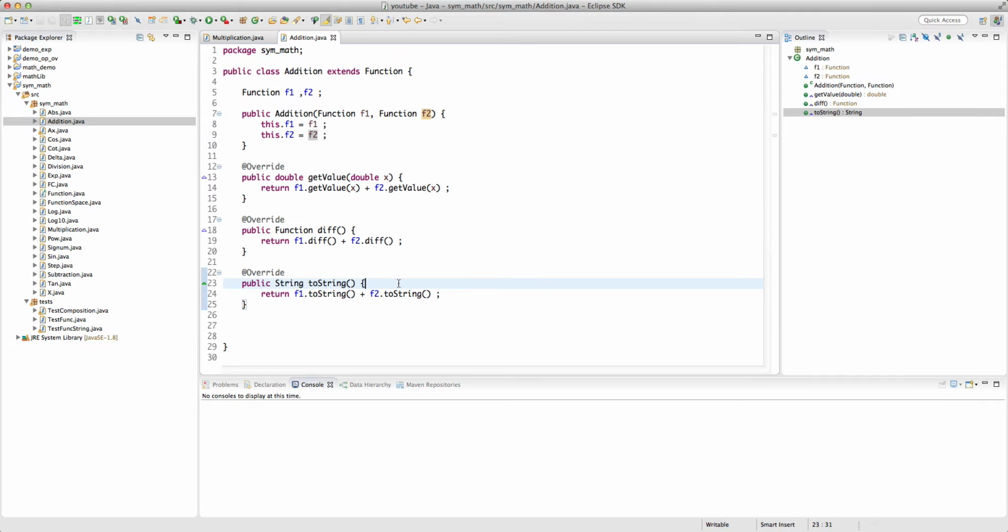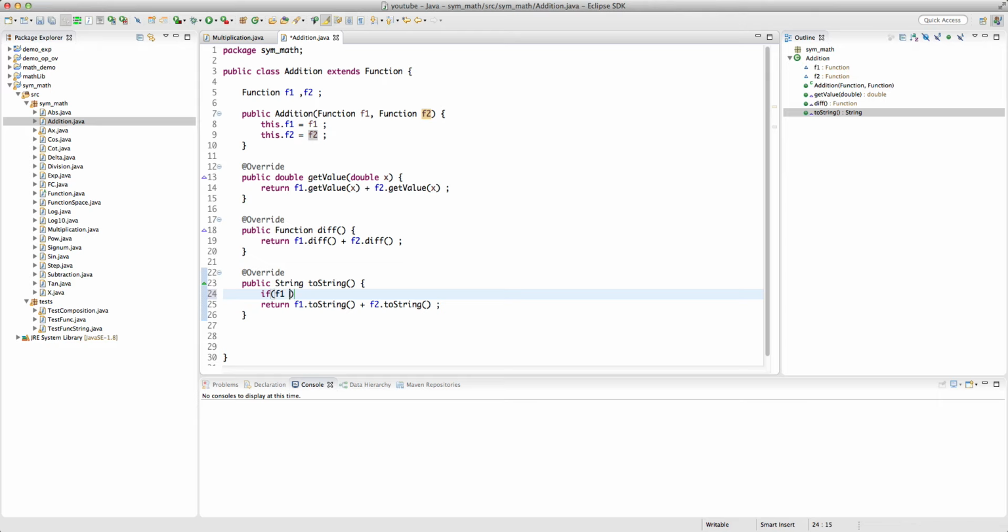If f1 is an instance of fc and f2 is an instance of fc, then we return a new fc with the value f1 getValue at some point plus f2 getValue at some point.